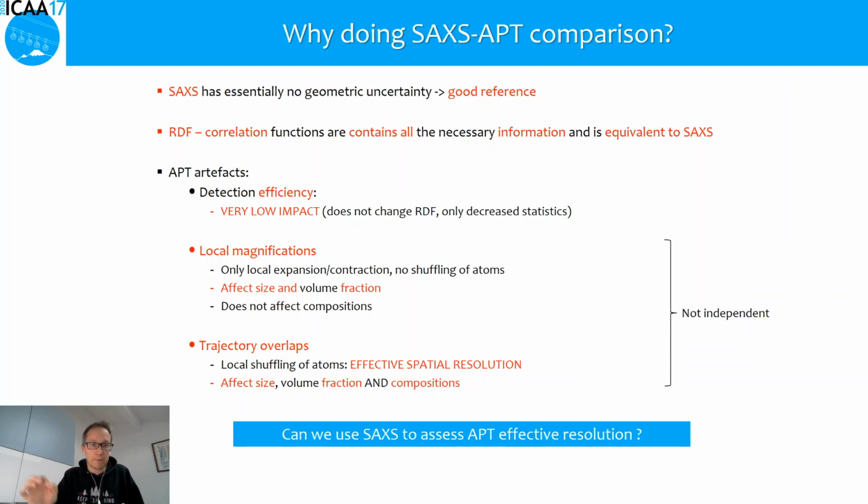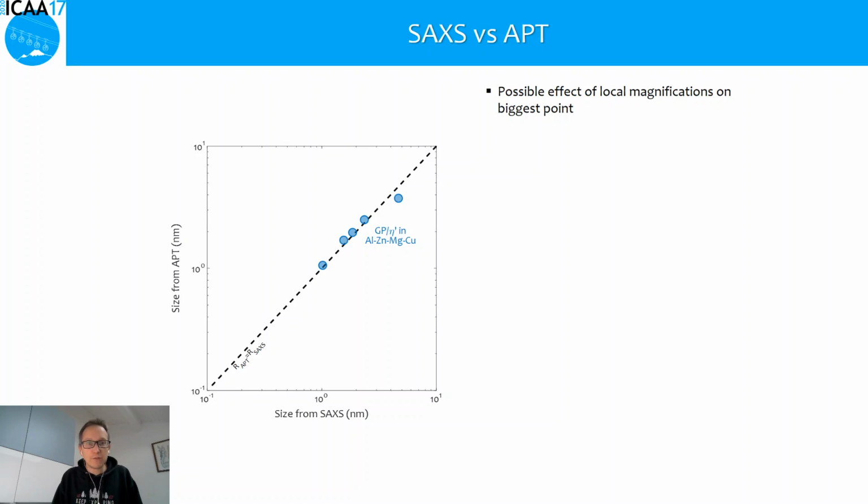If I measure an atom at this position, what is the probability that it actually was at this position before? Now, if I want to compare size from Atom Probe and size from SAXS, I can plot it on this kind of graph, size from APT versus size from SAXS.